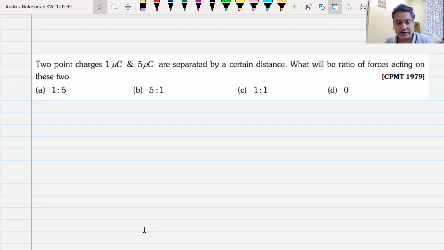What will be the forces acting on each other?